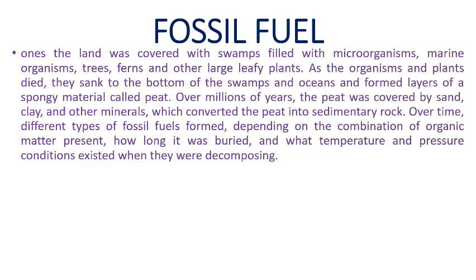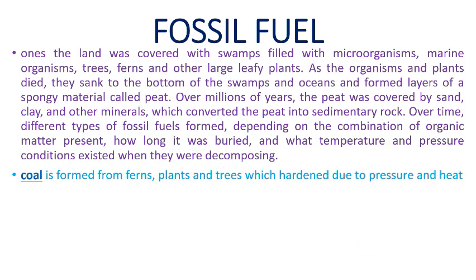The first thing we get is coal. Coal is formed from plants and trees which harden due to pressure and heat. Means when at a certain place of this earth we have different types of ferns, plants and trees, that is changed to coal due to high pressure and heat.